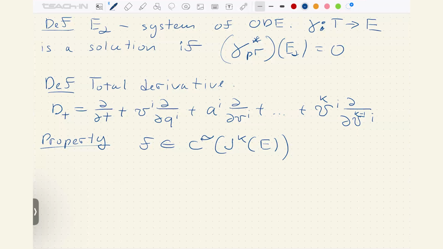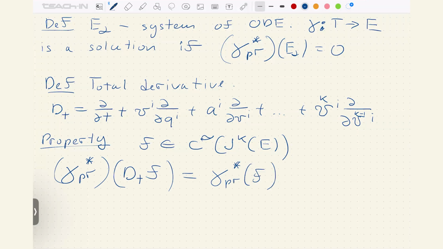So let's suppose this is so. I'll comment on this in a moment. So the statement is that if you have a section, we prolong it, we put here star, and we evaluate it on d_t f, then it equals gamma star prolonged of f, just d over dt.